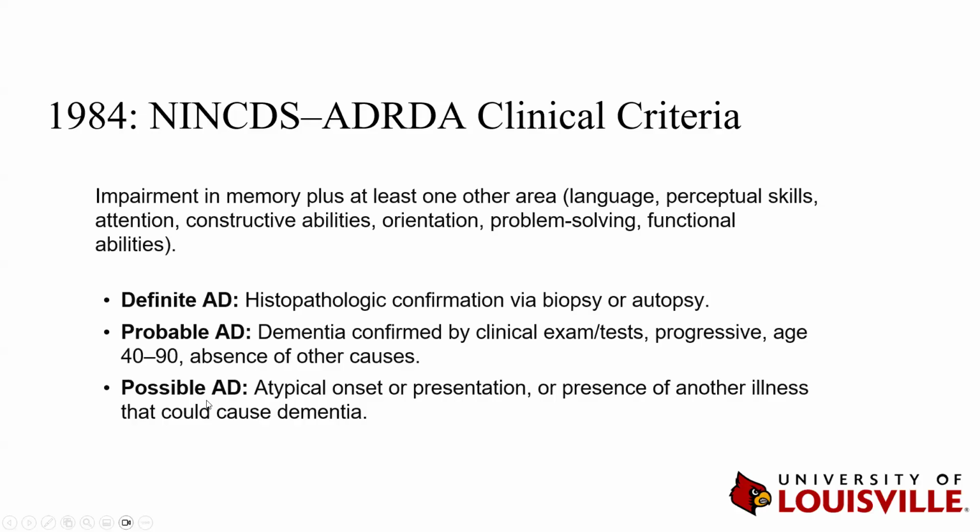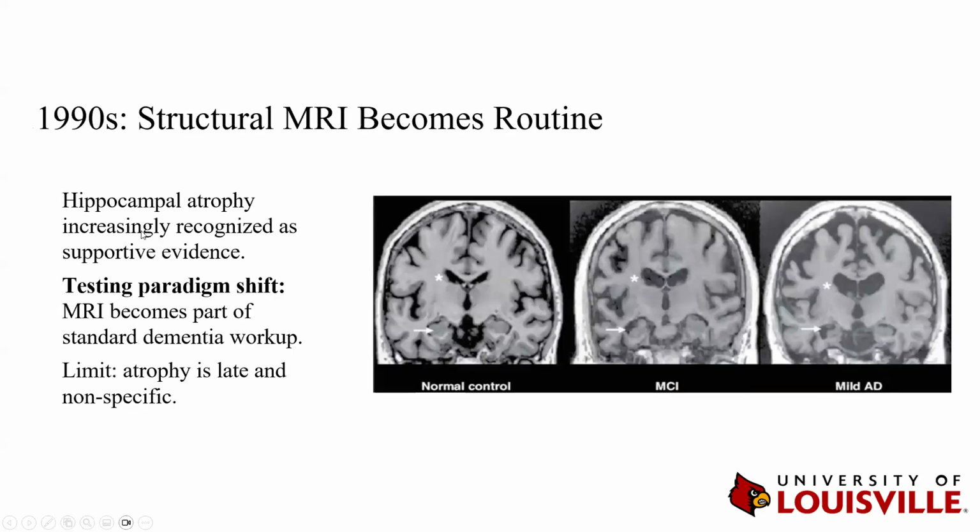Now, as we know more about neurology, there can be a lot more mimics and other things that could cause some changes as well. That would be a patient with an atypical onset or presentation and something else that might explain their changes. All right, in the 90s, structural MRIs became more routine.